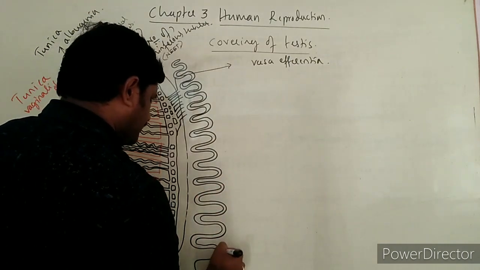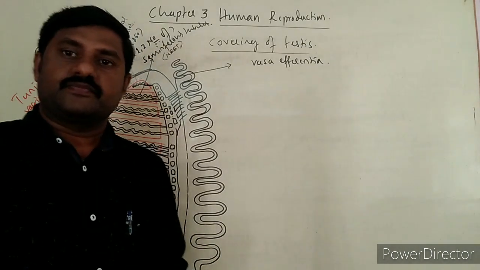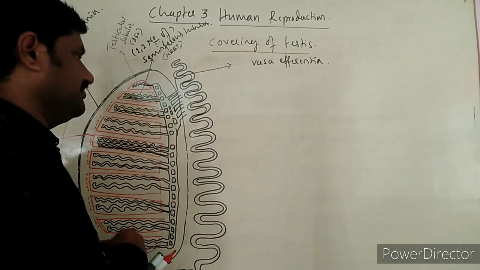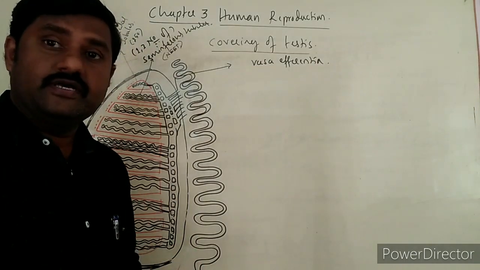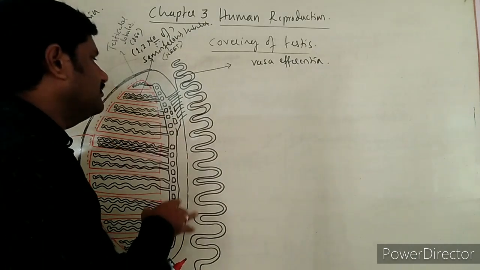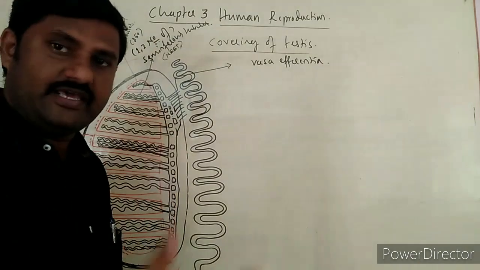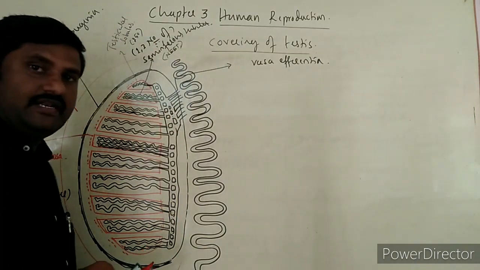I have already told you in the last video that there are some accessory ducts present in each testis. Among those, epididymis is one of them. I have already mentioned this in the last class.